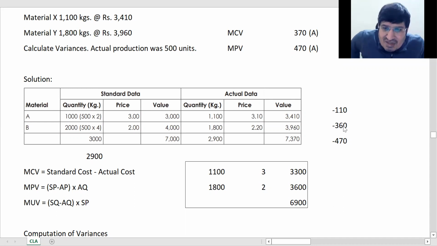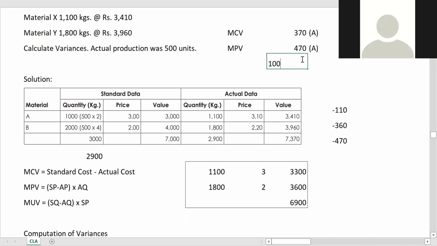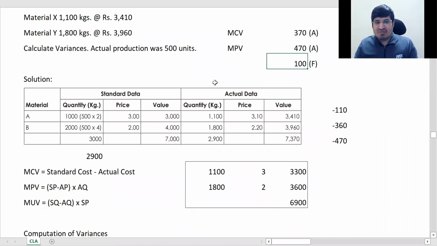Is it adverse or favorable? Tell me. Favorable. Good. Okay, it's a favorable variance. Why favorable? Because your actual is less than standard. If actual is less than standard, then we stand to gain, right? So it is favorable.